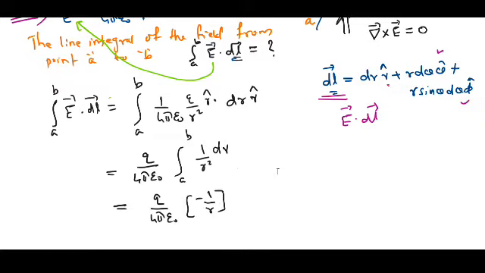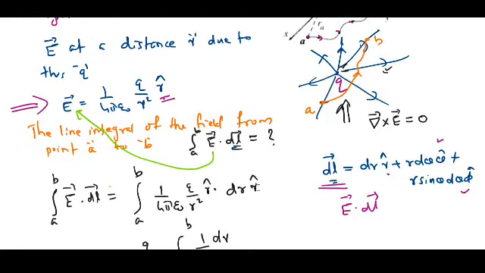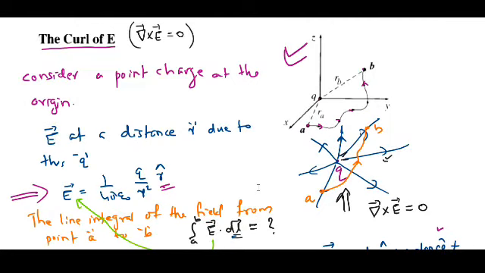Now, a and b are the two points from the charge. If you refer to this figure, the distance to the point b is given by r_b, and the distance to the point a is given by r_a.